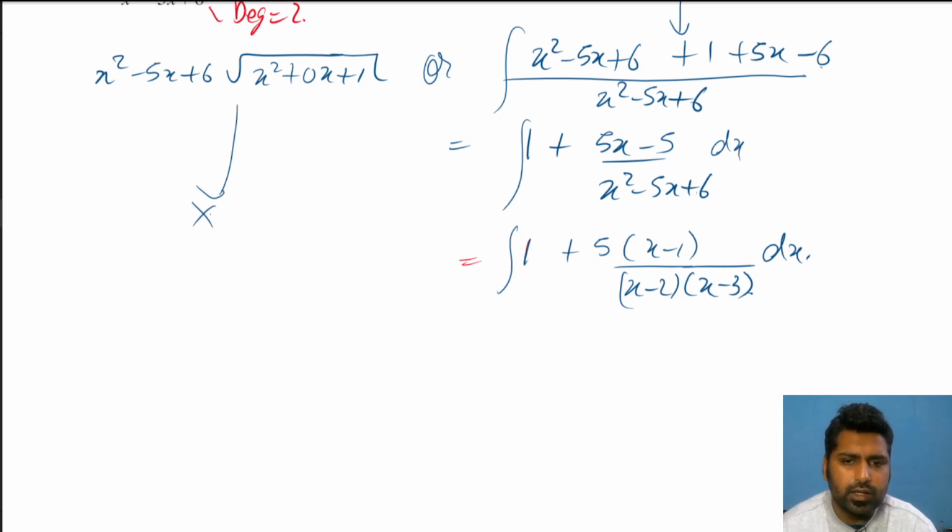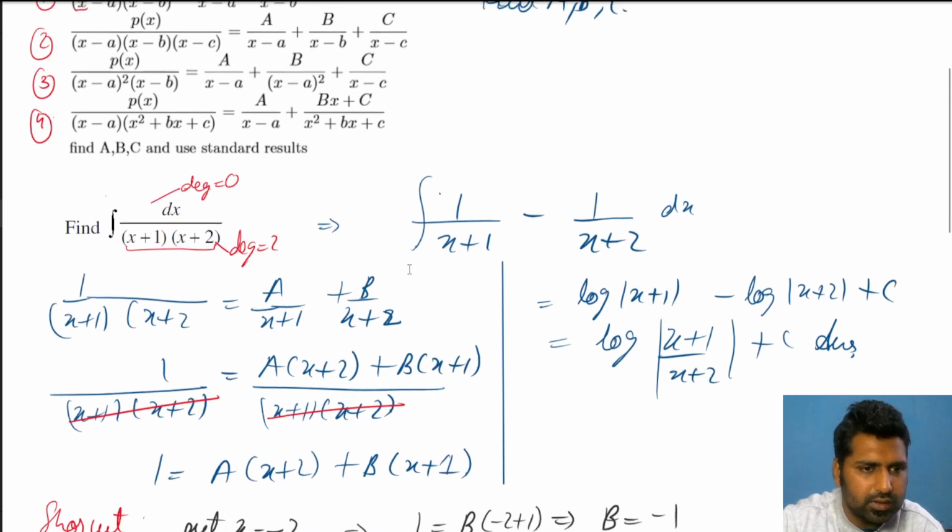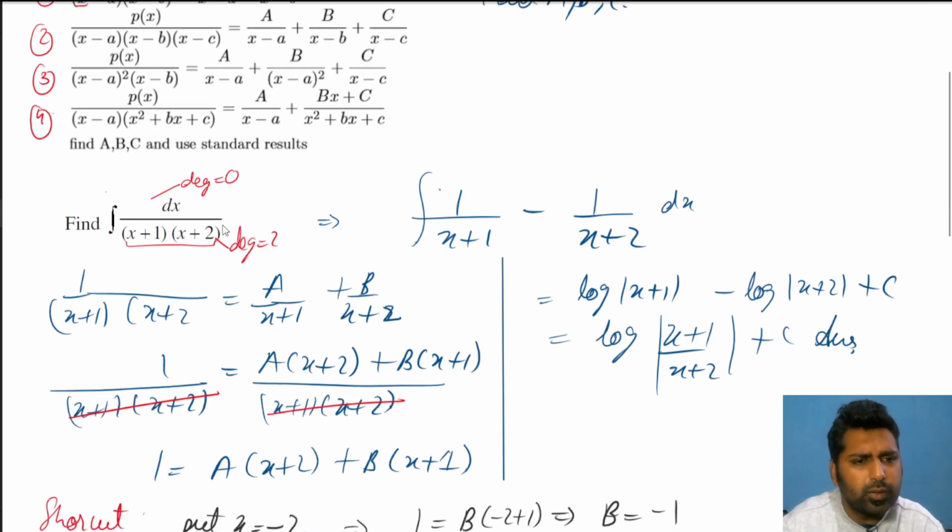So if your quadratic in the denominator can be split into two parts, like the first question also, this is also quadratic, but we didn't do the standard form approach. We didn't make a perfect square. Rather, we preferred partial fraction. Why? Because partial fraction is much faster as compared to creating a perfect square and using the standard formula.